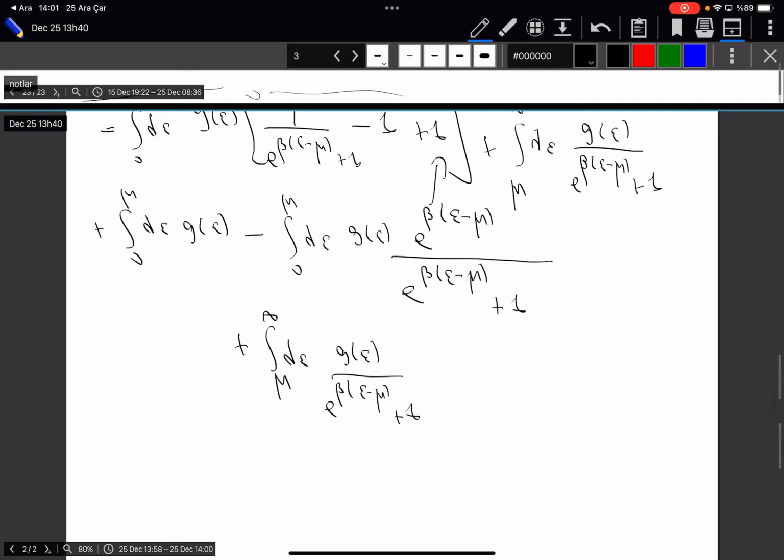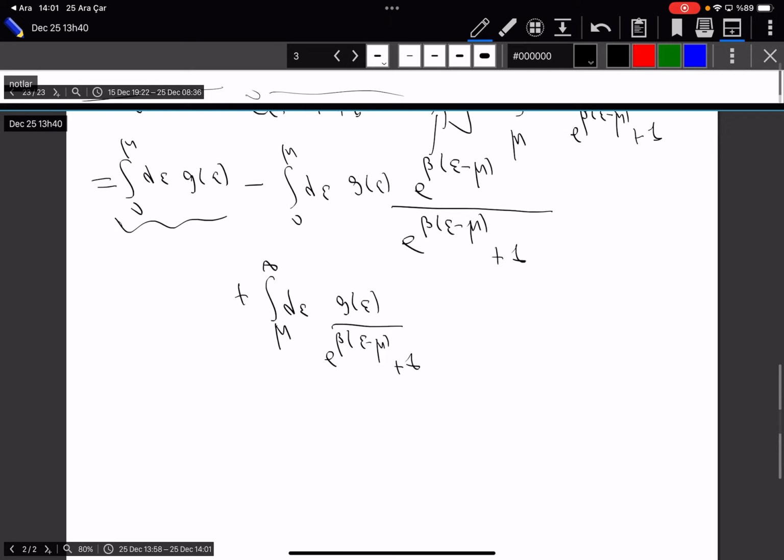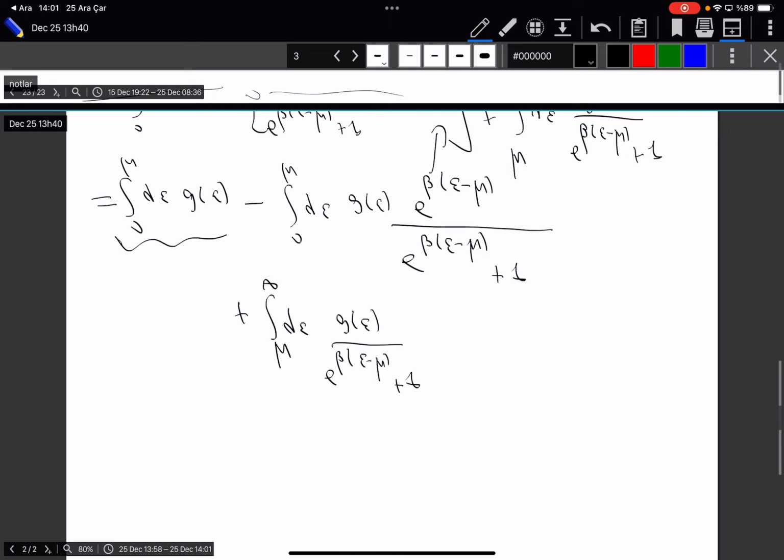Now, okay, I have separated the contribution from the step function. It is this one. The rest should be small. Now, how to see that those are small? If you look at the second integral, for example, epsilon minus mu is positive within that range, because within that integral, epsilon is larger than or equal to mu.